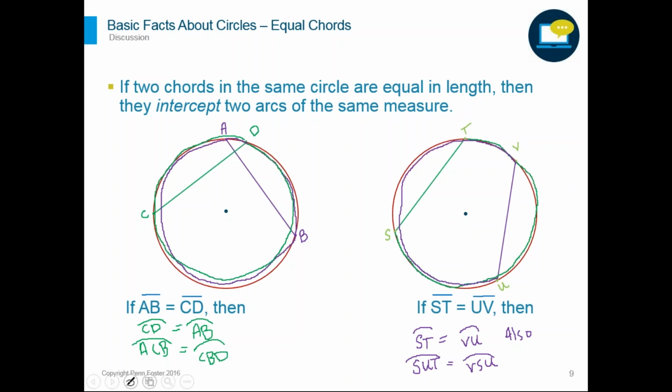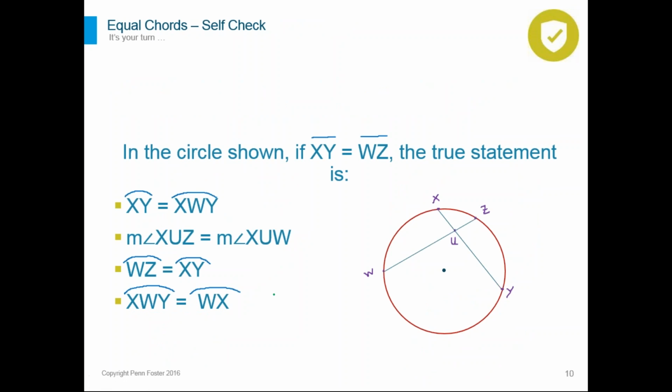So let's look at a question on this topic and try to apply the fact here. In the circle shown below, if chord XY, and of course it just says in the question segment XY, but from looking at the figure, I know that XY is a chord. So chord XY equals the chord WZ.